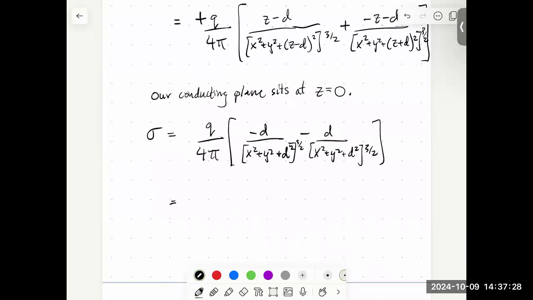So we have minus 2q times d over 4 pi times x squared plus y squared plus d squared to the 3/2. Okay, so the 2 can cancel with the 4 pi, so we have minus qd over 2 pi times that stuff.